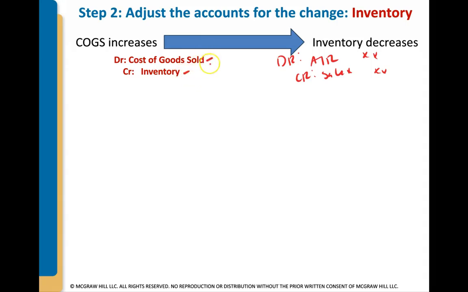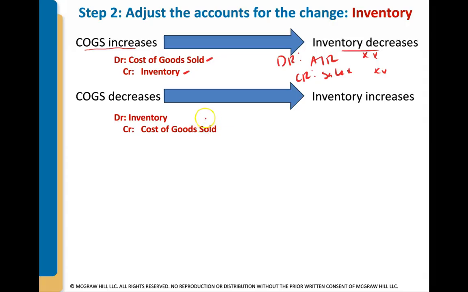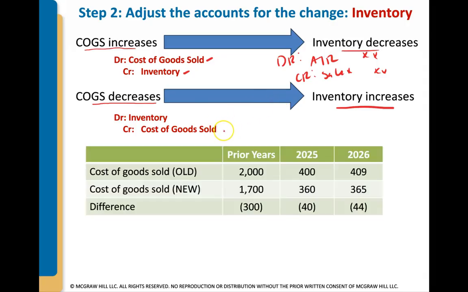And that's when they recognize the expense, the cost for that inventory, using cost of goods sold. So when cost of goods sold increases, our inventory decreases, as you can see by this journal entry, which means the flip side is also true. When cost of goods sold decreases, our inventory is going to have the inverse effect of increasing.